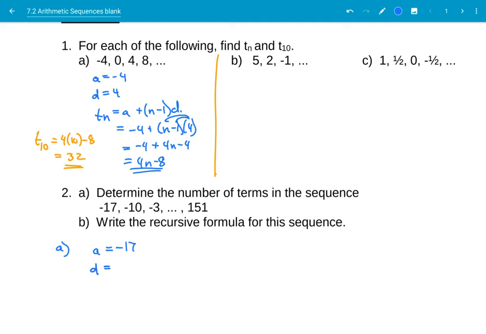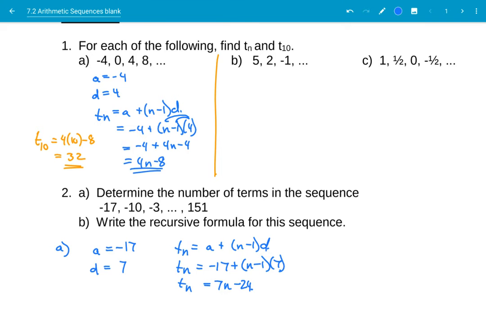The difference is that we're going up by 7. So Tn is A plus n minus 1 d. So Tn is -17 plus n minus 1 times 7. So that works out to 7n minus 24.